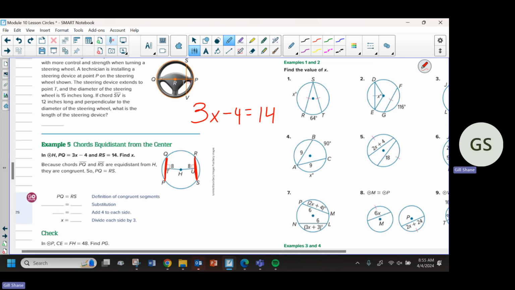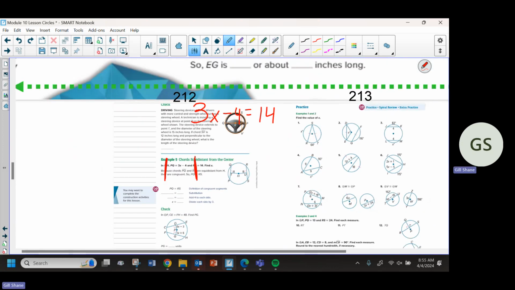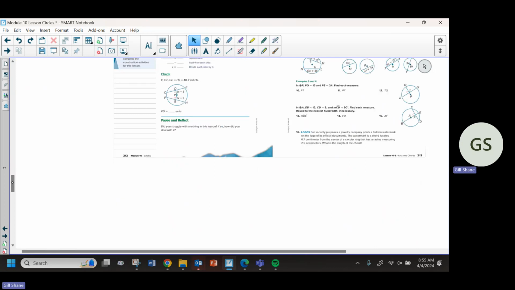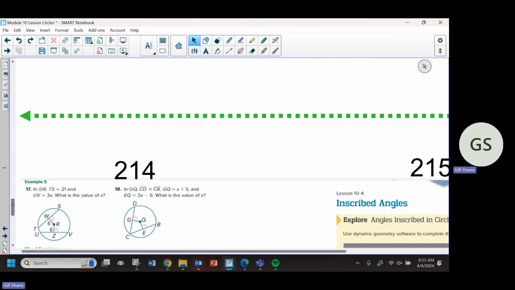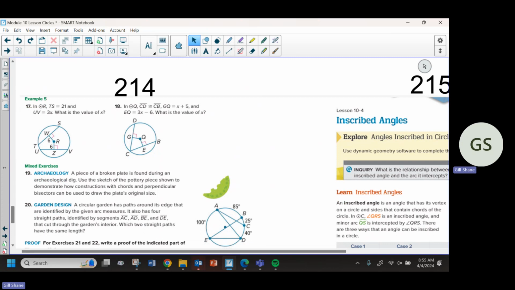So here are the problems that you have to do. On page 213, the entire page, problems 1 through 14. Wait, that's missing problems.